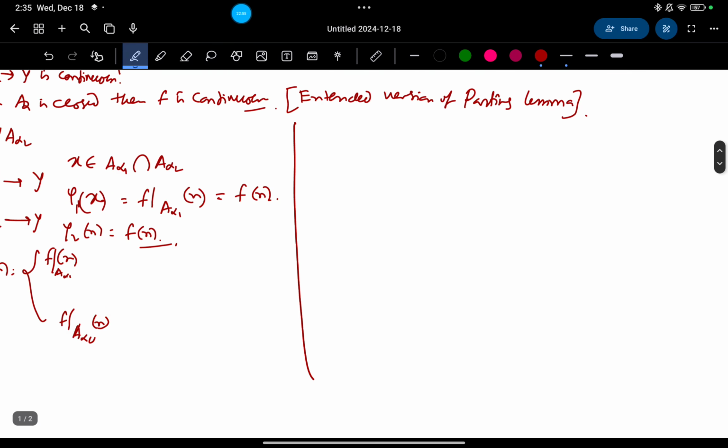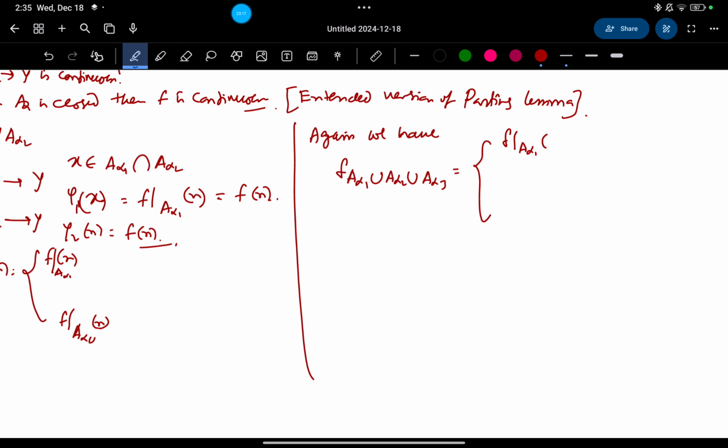So similarly, one side is clear. Again, we have f on A alpha 1 union A alpha 2 union A alpha 3, which is the same as f restricted to A alpha 1 of x when x belongs to A alpha 1, because I just take A alpha 1 and A alpha 2 together, and then f restricted to A alpha 2 of x when x belongs to A alpha 2.